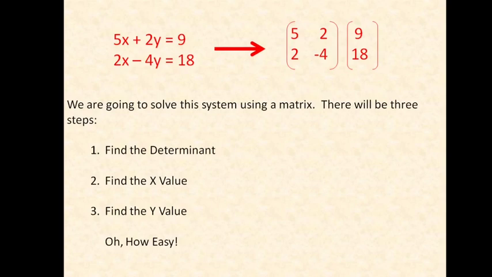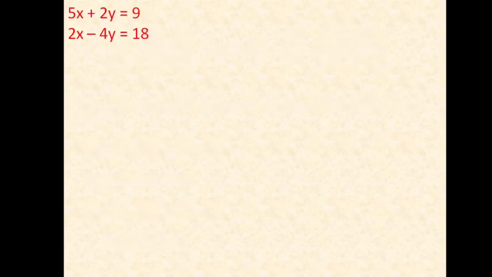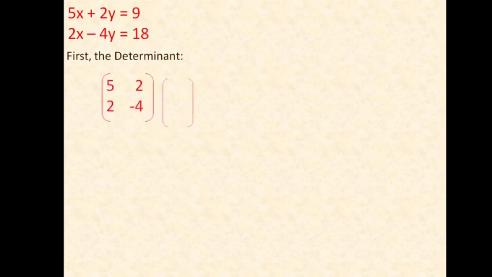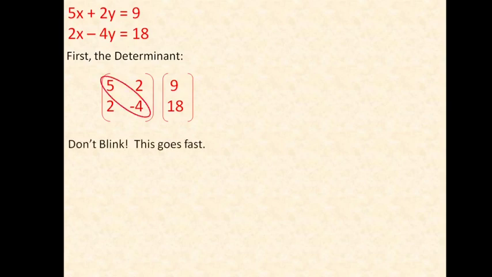Now let us see how we will find the determinant. For the determinant, all the coefficients from both equations should be placed into a matrix as shown on your screen. Now it's time to solve the first matrix. You will cross multiply.